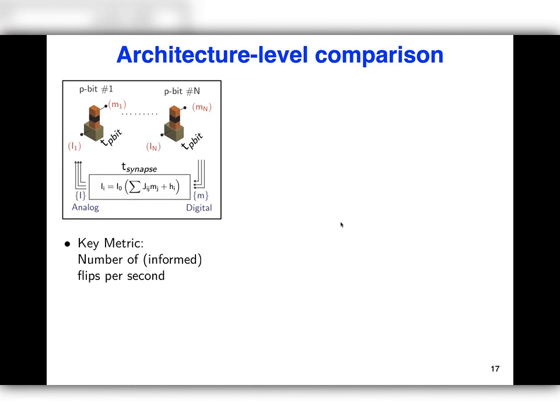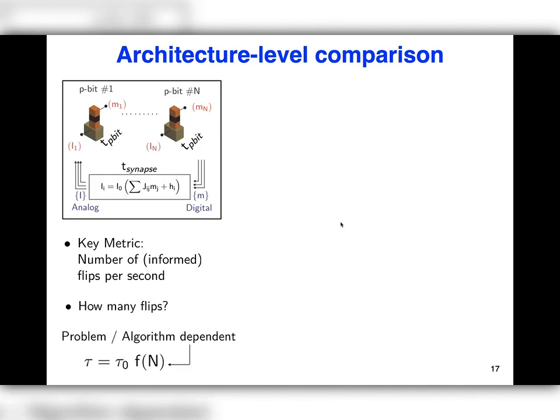Remember, in the beginning, I mentioned that this feedback time is important because you don't want these random shouting, but you want this deliberate flipping of each p-bit with up-to-date information from their neighbors. Now, how many flips do you need for a problem? Well, that's very problem dependent. There are generally 2 metrics, one of which is the computational complexity of the problem.